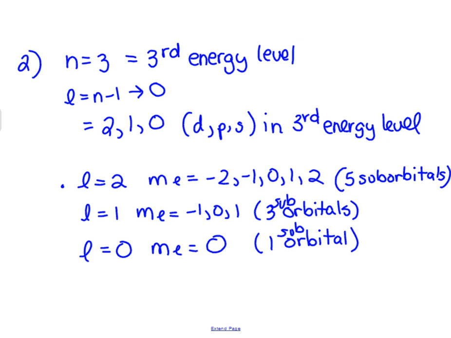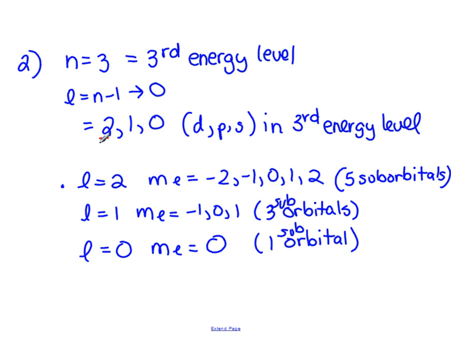All right, so the second question was, if n is equal to 3, what are the allowed values for L and ML, and what does this mean? So if n is equal to 3, that means third energy level. So your L values can be from n minus 1 down to 0.